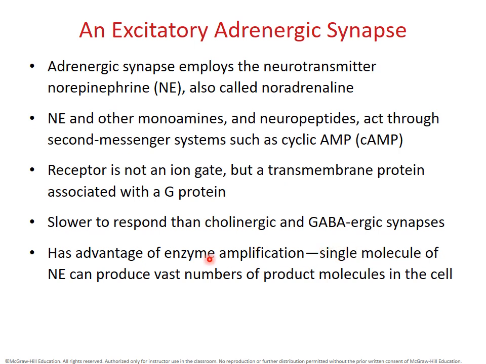So a single molecule of neurotransmitter can activate multiple enzymes, and then each of those enzymes can catalyze multiple reactions, and so we get this vast amplification of the neurotransmitter's effects. So we get a slower response, but often a single neurotransmitter molecule can produce a much more profound response.